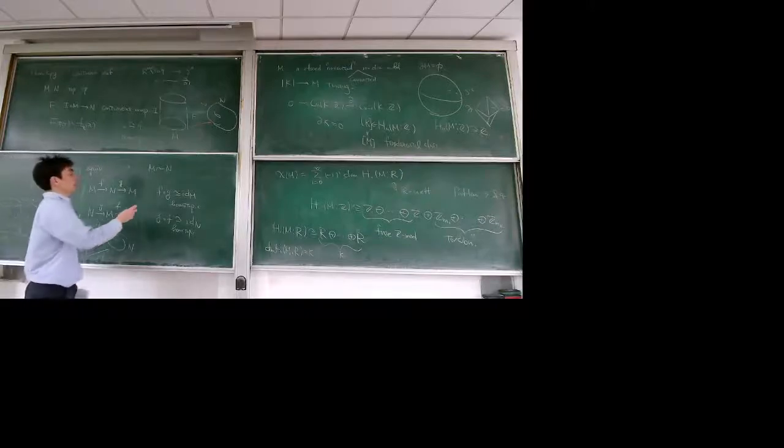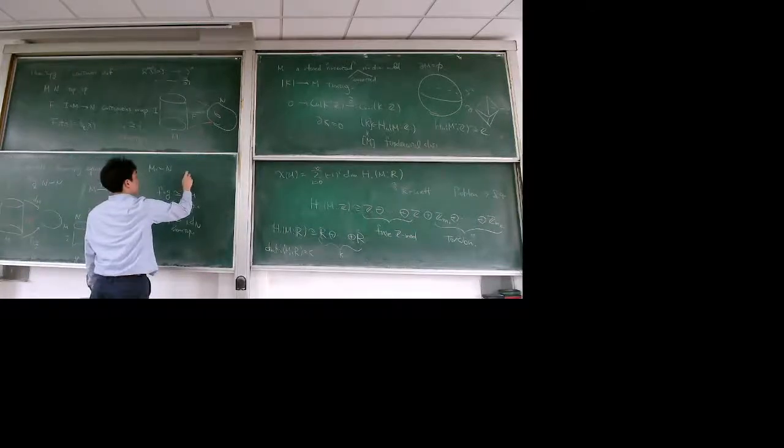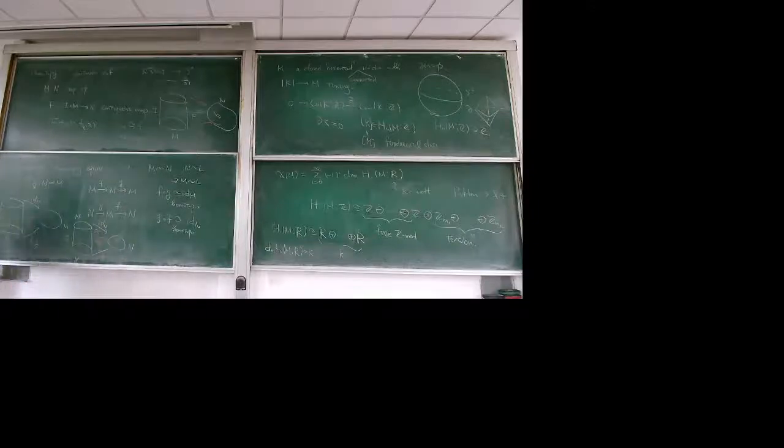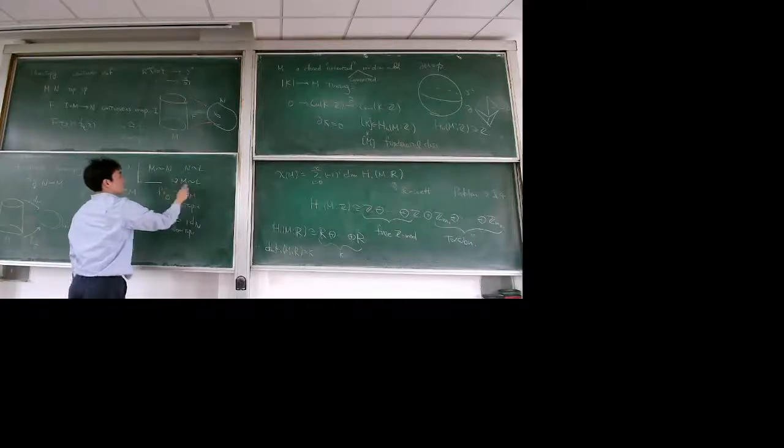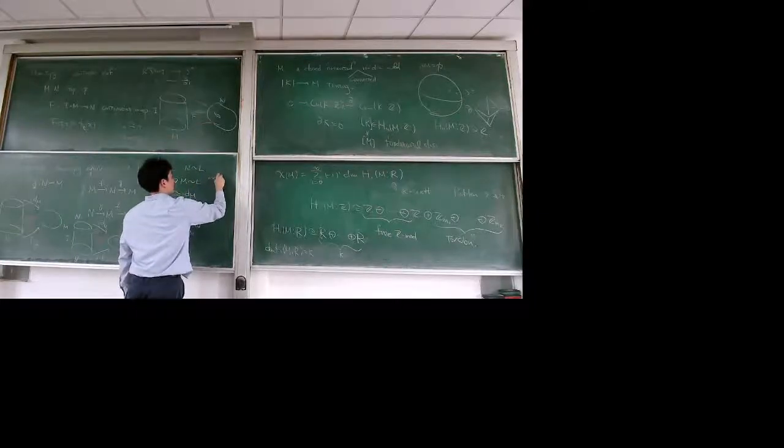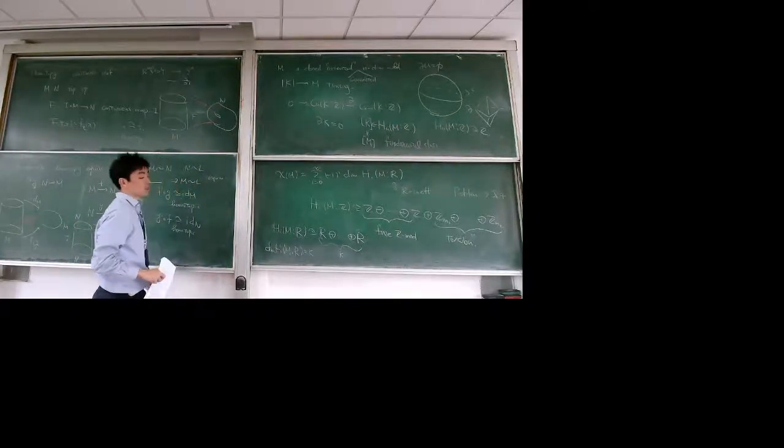And this is an equivalence class, which means that if M and N are homotopic, and N and L are homotopic, then M and L are homotopic. Okay. So this is the equivalence class. So this means as follows.